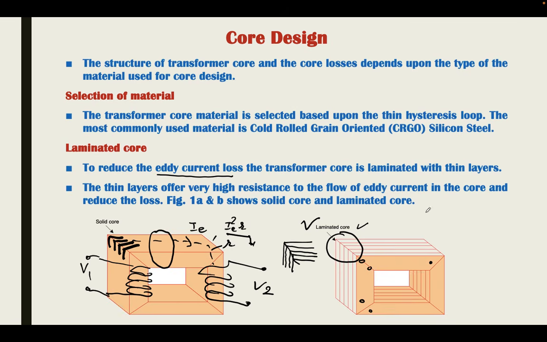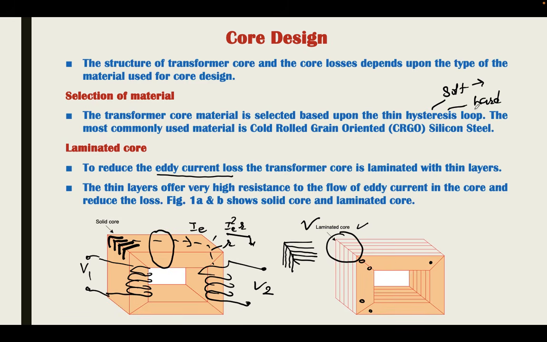Transformer core material is selected based upon the hysteresis loop. Hysteresis loop here means soft magnetic material or hard magnetic material. Soft magnetic material here means the core can be easily magnetized and easily demagnetized.